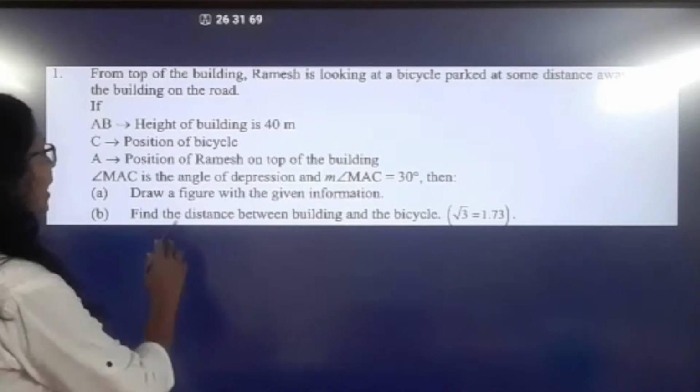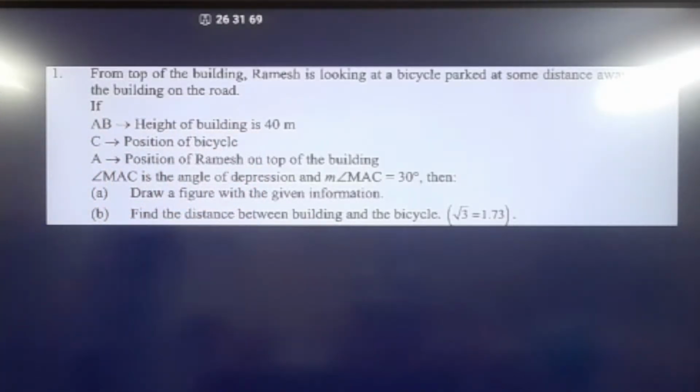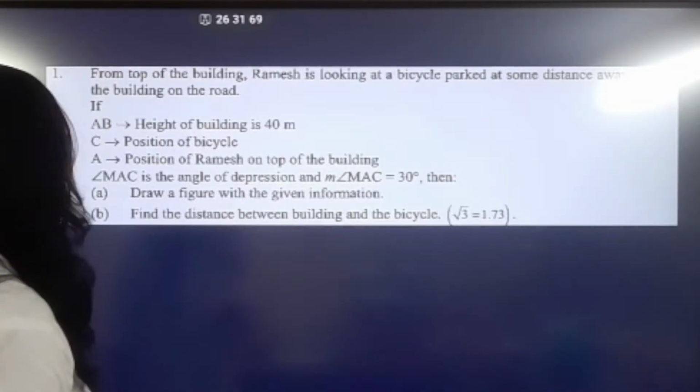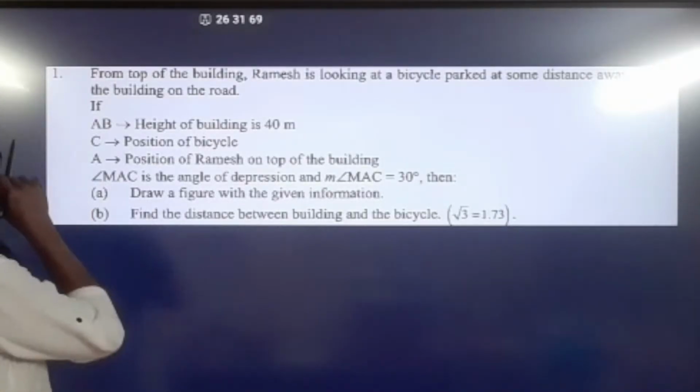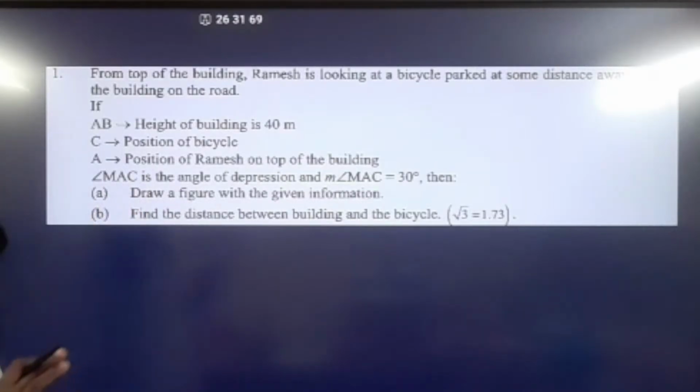And then find the distance between the building and the bicycle, where root 3 is equal to 1.73. Okay students, first I draw the figure as per the given information.